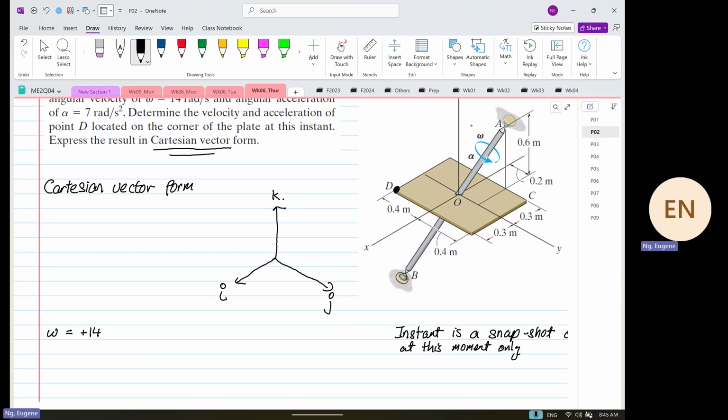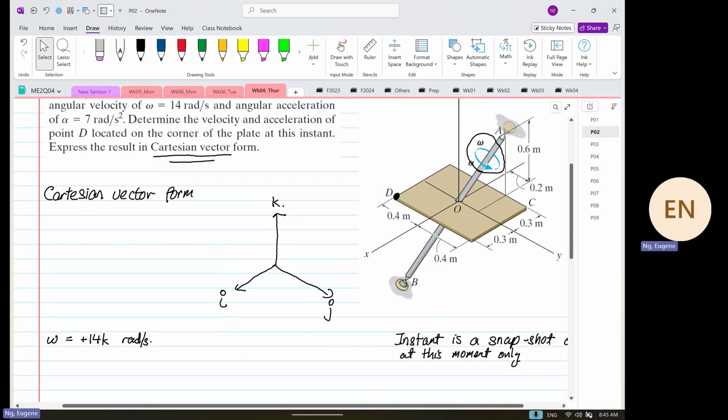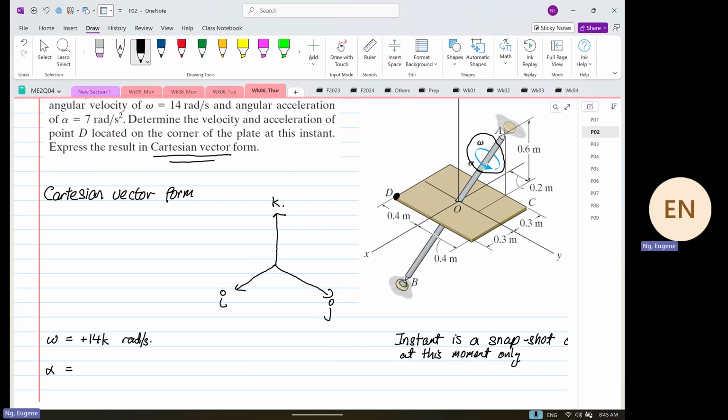Because omega over here is going in the anti-clockwise direction, so omega k is positive by the right hand rule, at 14 radians per second, and it's also rotating at alpha, which is 7.